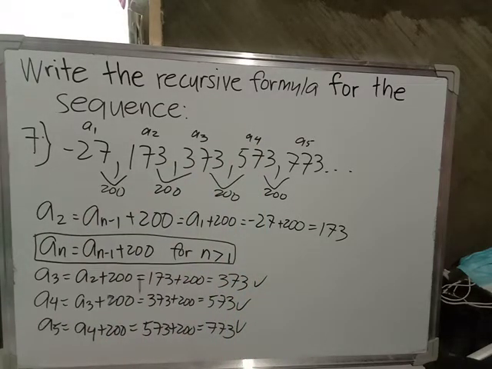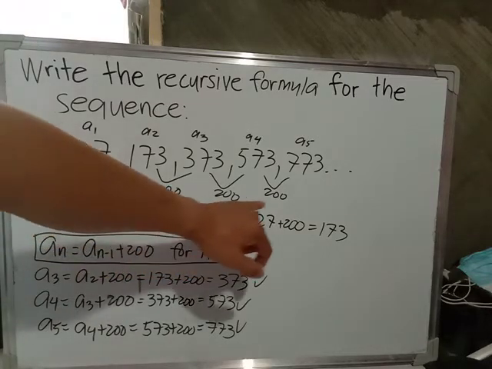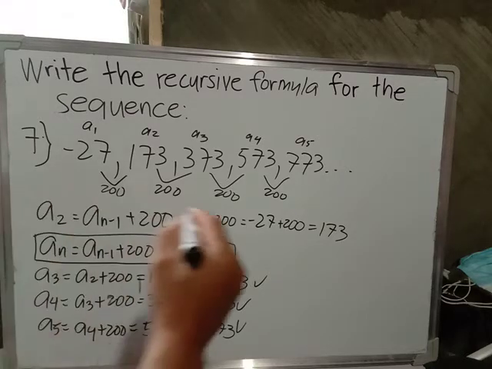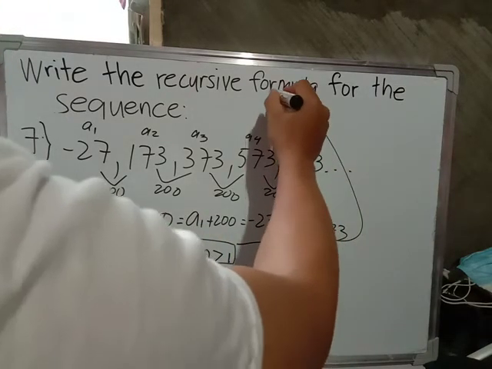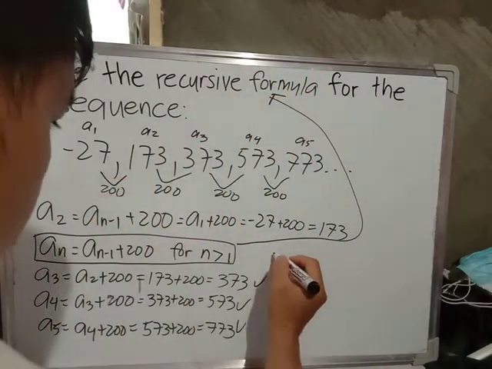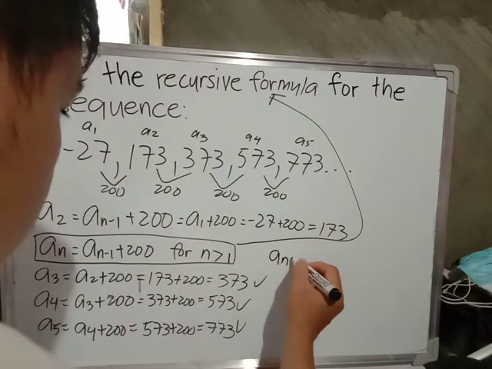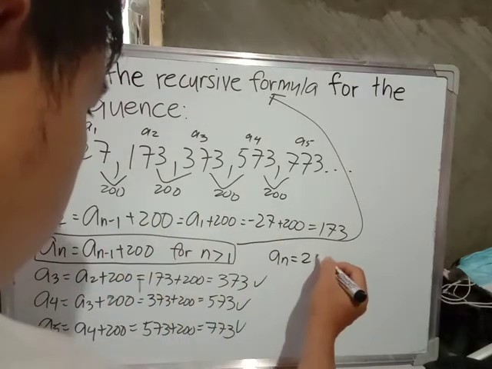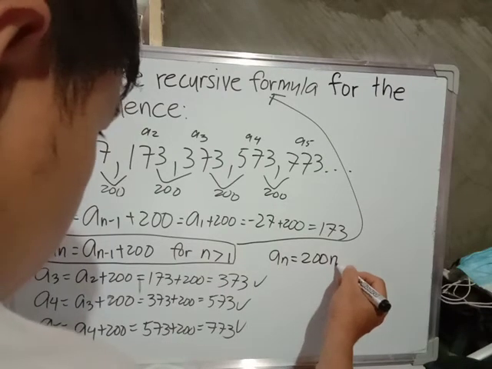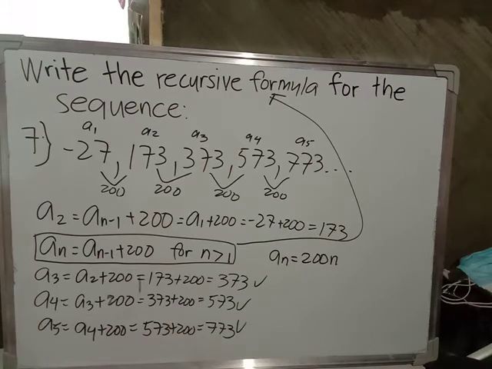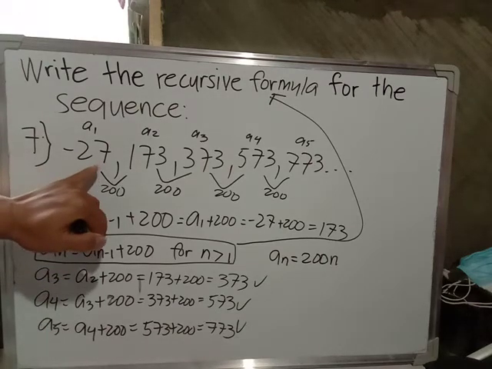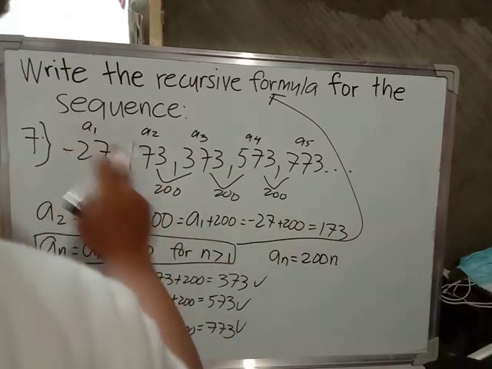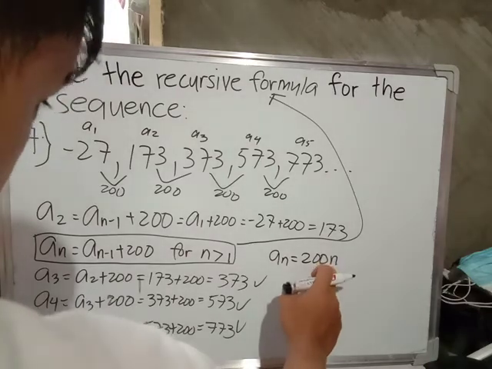So, yan lang. Since, yun nga, paulit na yung sinasabi kasi since common yung difference, constant, instead na itong recursive formula, pwede na rin siya magawa natin ng explicit formula which is a_n is equal to, gamitin natin yung 200. 200 times n, since kung mag-1 tayo kay a1, so simply 1, 200 times 1 is 200.